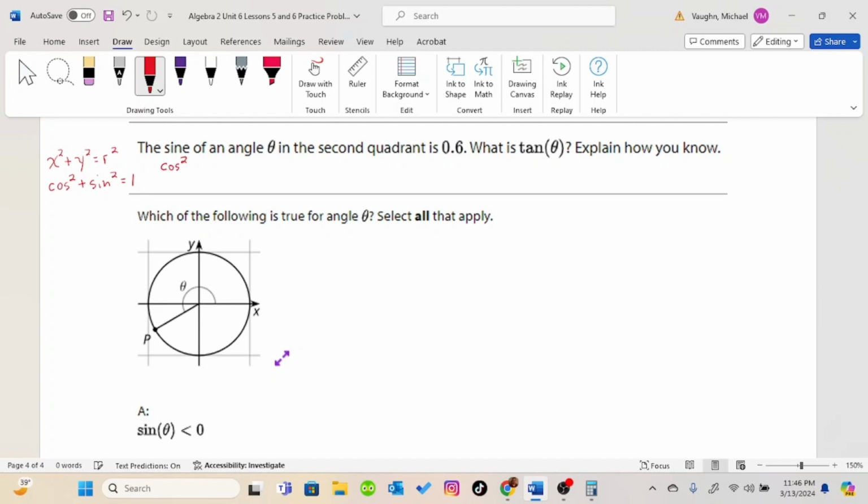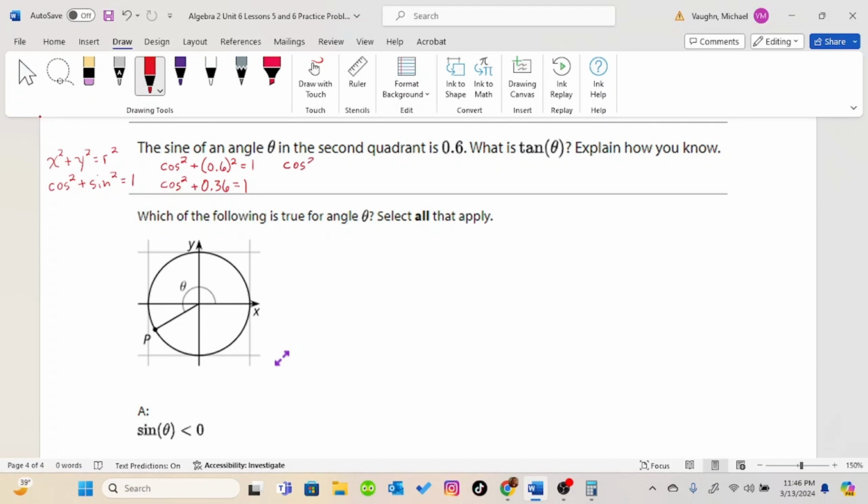Now, we don't know cosine squared, but we do know that sine is 0.6. So we can have 0.6 squared plus cosine squared, and this is going to equal 1. Well, 0.6 squared is 0.36. Now we're going to subtract 0.36 from both sides.